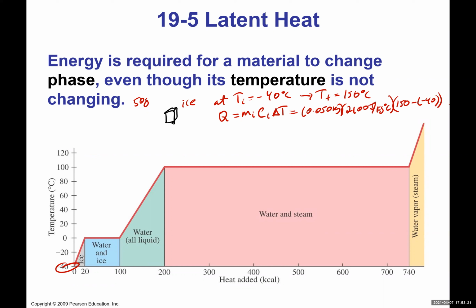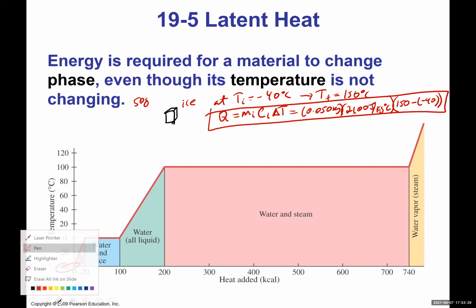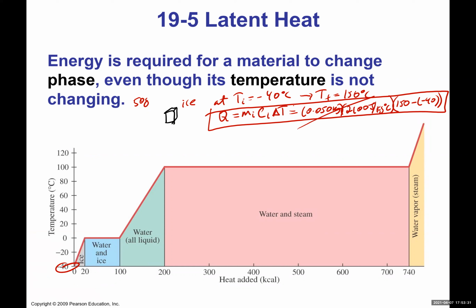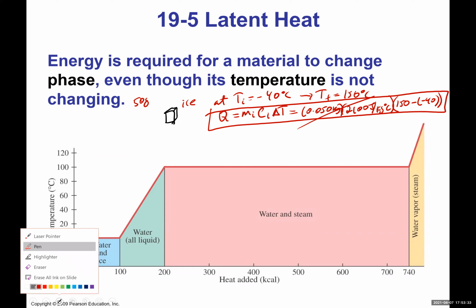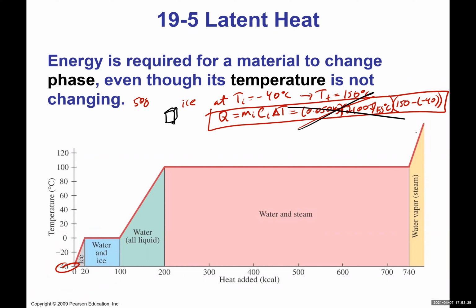Now the question is, can I use this equation to calculate going from negative 40 to 150? Well, the answer is no. We cannot do this, and the reason is because between negative 40 and 150 degrees Celsius, there are other things happening that are not a change in temperature.